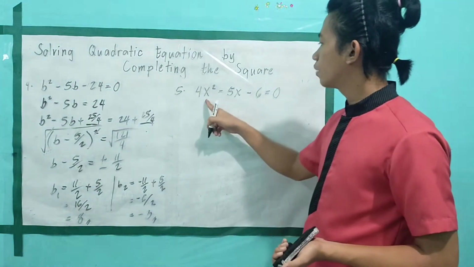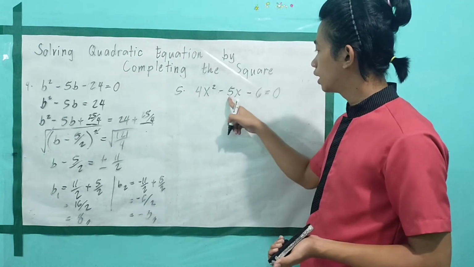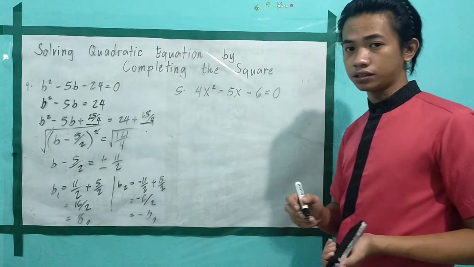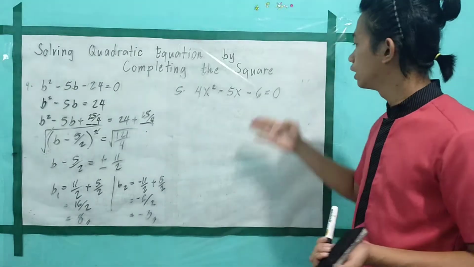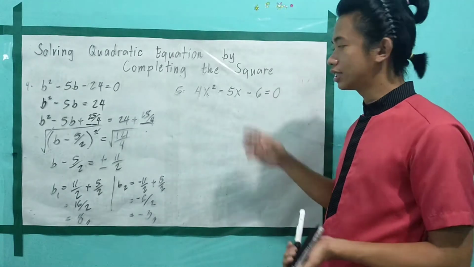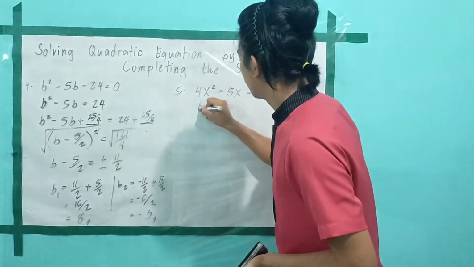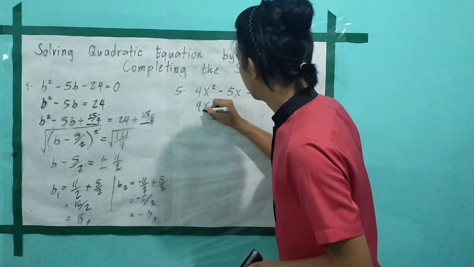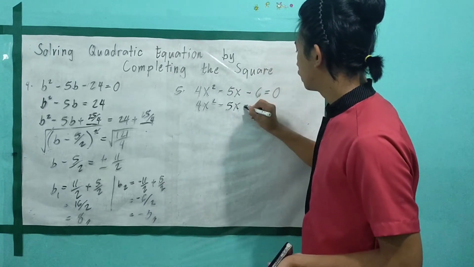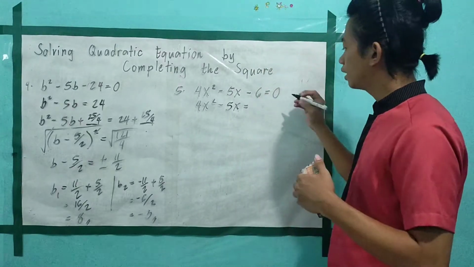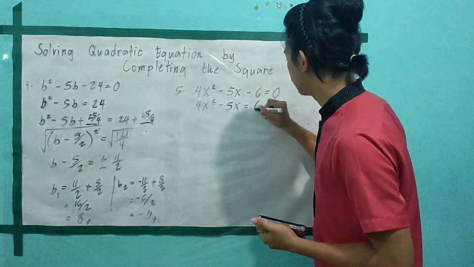In problem number 5, we have 4x squared less 5x less 6. Okay, so first step is isolate the constant. So, magkakaroon tayo ng 4x squared less 5x is equal to, from negative 6 magiging positive 6.